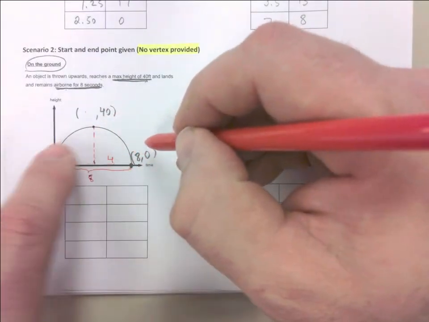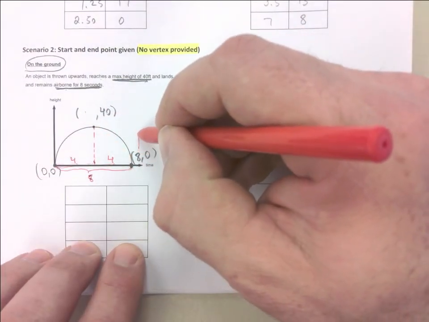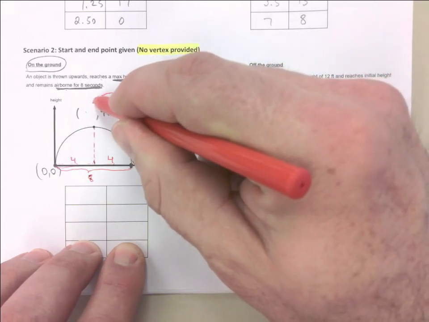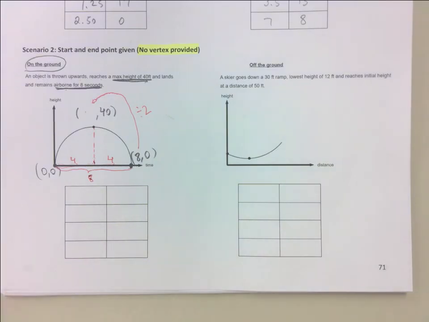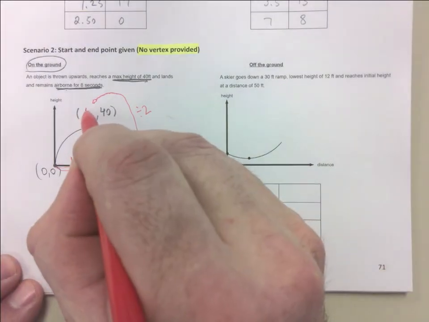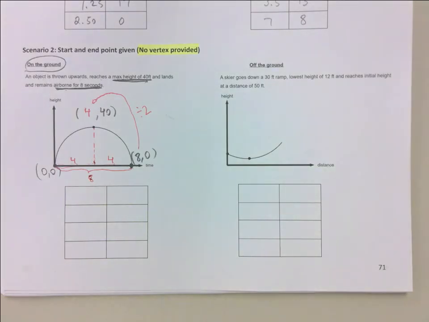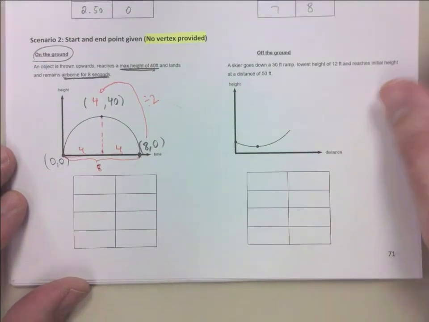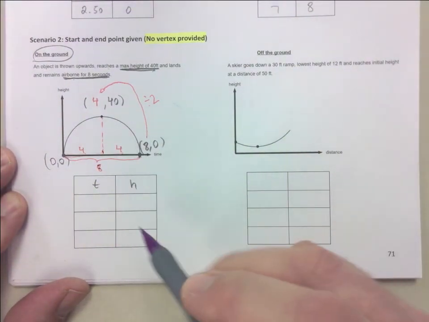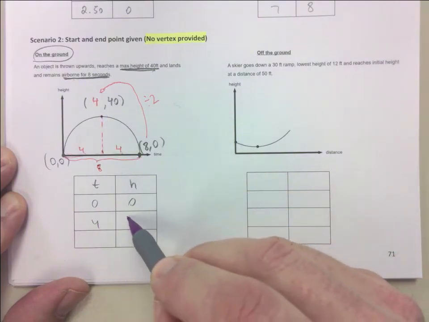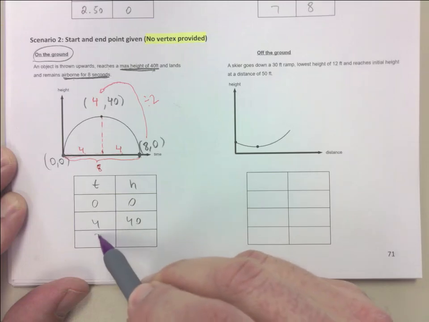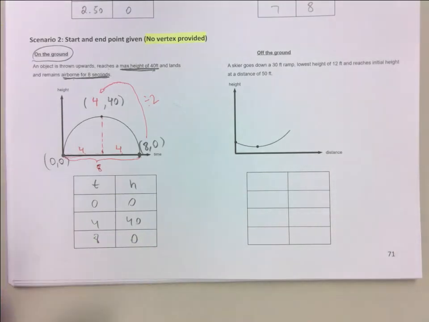So you either do it this way, or you just realize I have to split this in half to get to that, and that gives me 4. Okay, so that's what you would do there. And so time and height: 0, 0; 4, 40; 8, 0. And L1, L2.